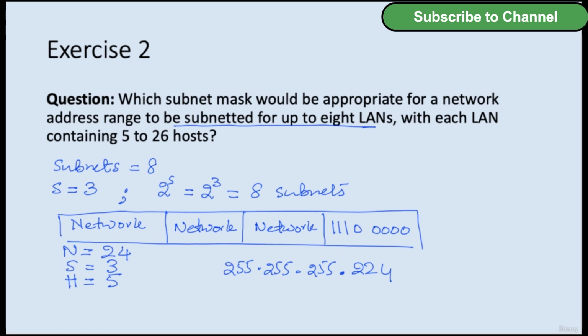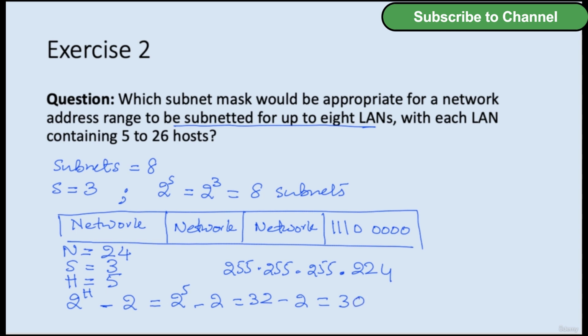This is the subnet mask that will give us these things. We got the 8 subnets, but because of the 5 host bits, how many hosts will we have? We will have 2 raised to the power h minus 2, that is 2 raised to the power 5 minus 2, that is 32 minus 2, 30 hosts.